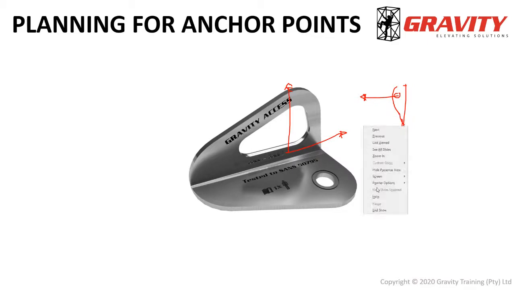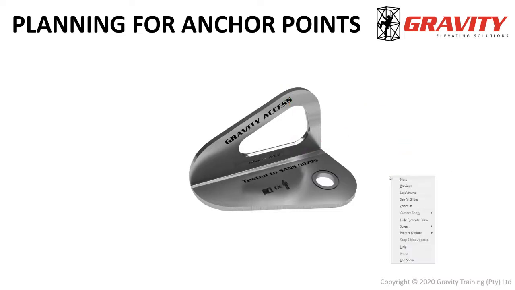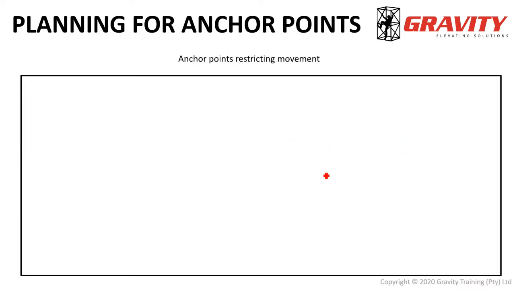Okay, so to give you a better idea of what I mean, we quickly go to the next slide where I'm going to try and draw you some pictures to explain my points a bit better. So first of all, let's look at the mobility restriction we talked about earlier.